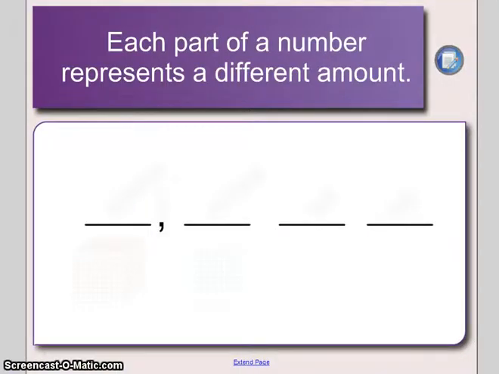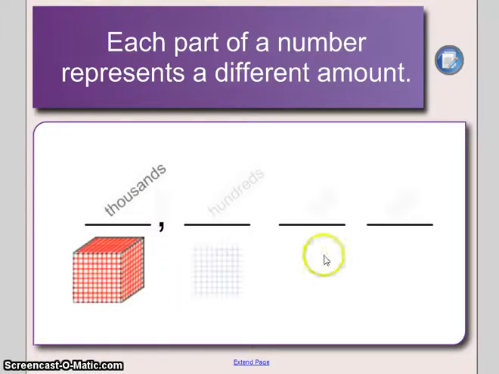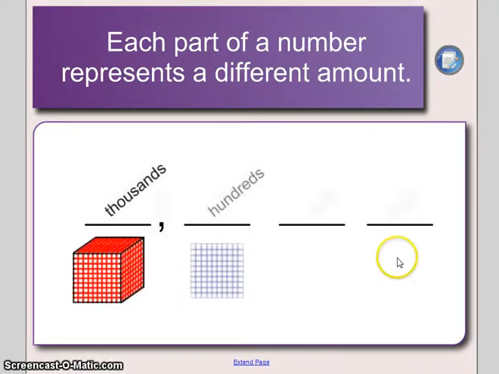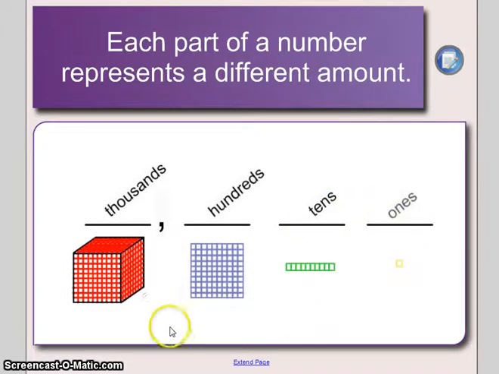Each part of a number represents a different amount, and this is where you talk about the values. These are the base 10 blocks that represent the value of numbers. For the ones, you have a unit, and for the tens, you have a long.